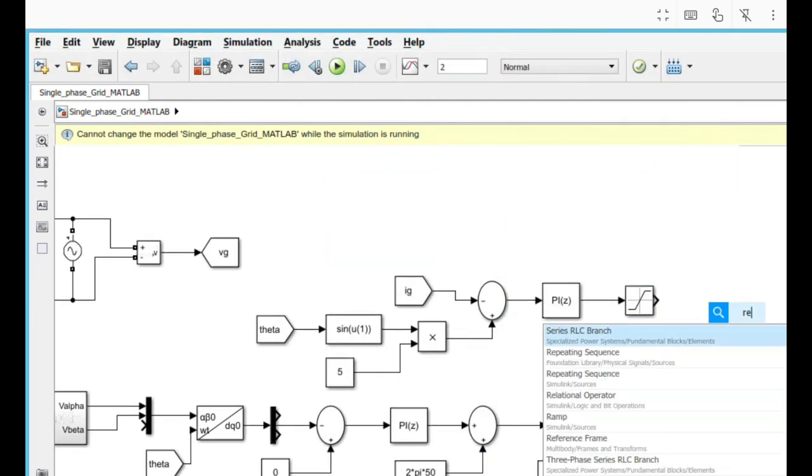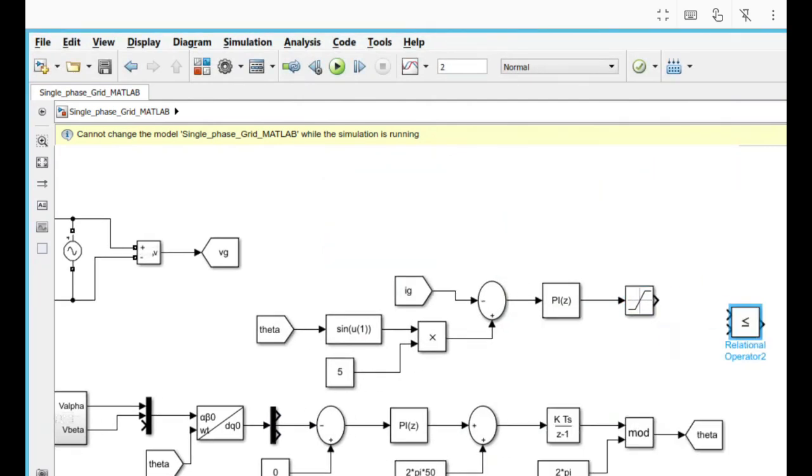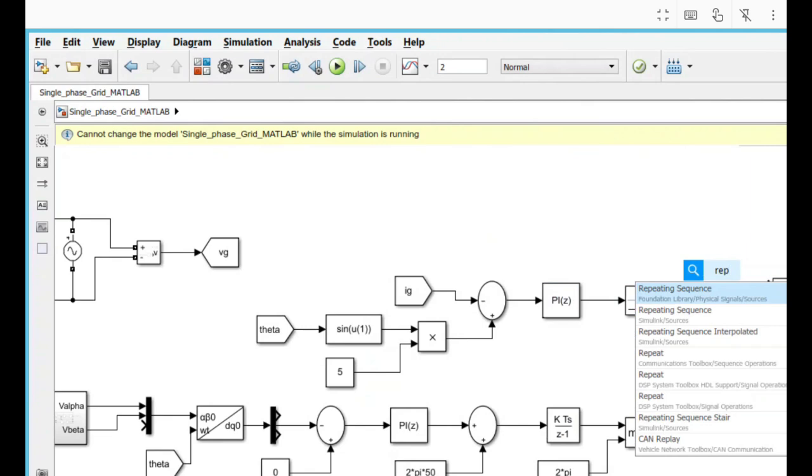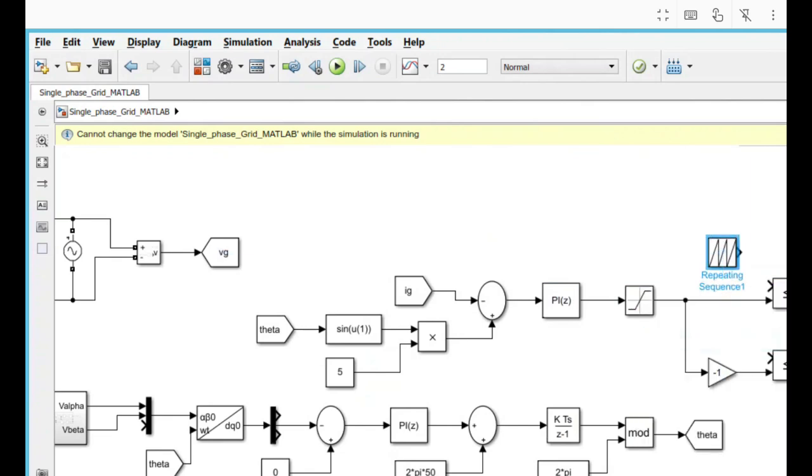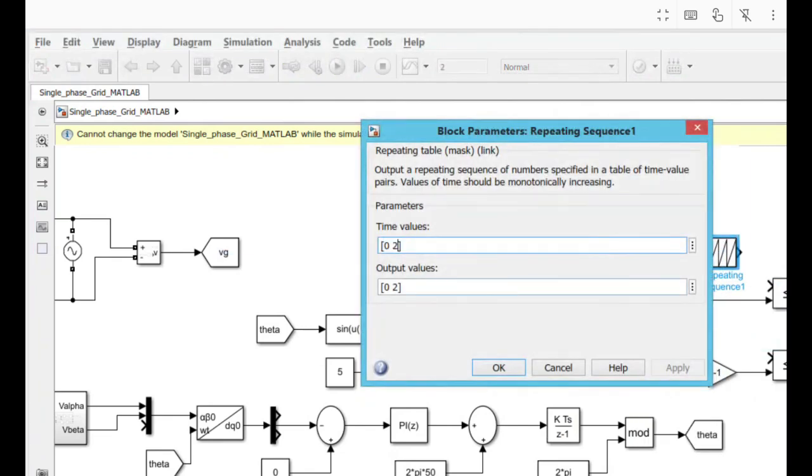We need a relational operator and gain and repeating sequence, and the frequency which we are using is 10 kilohertz.